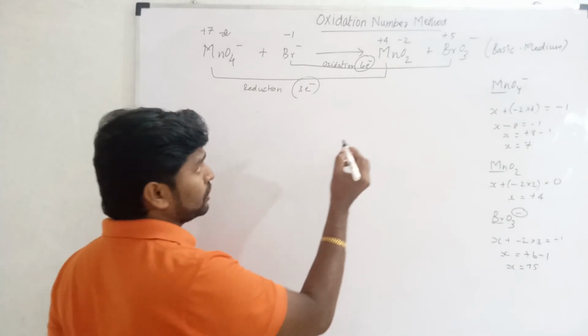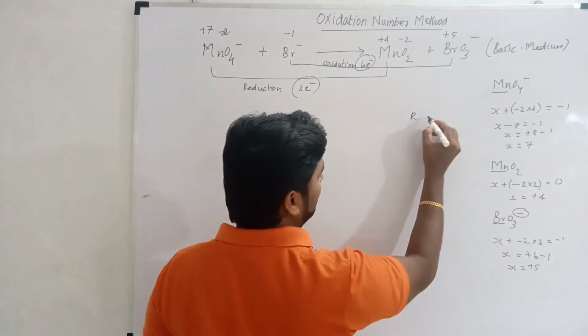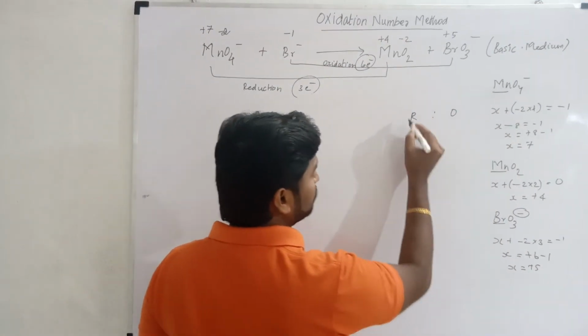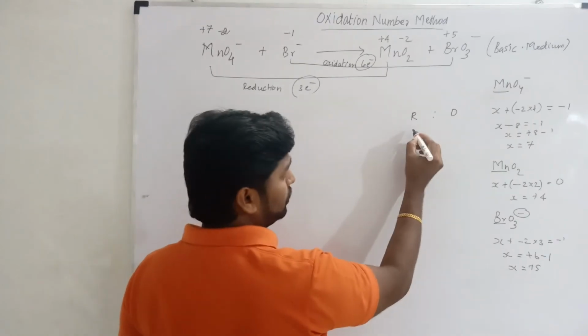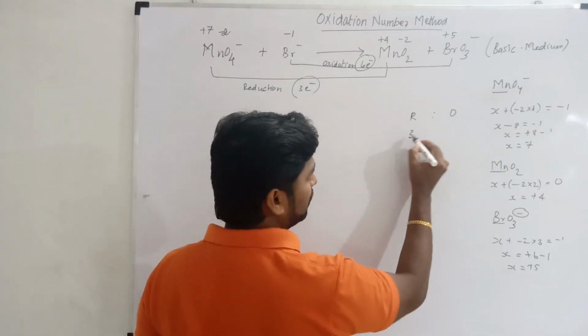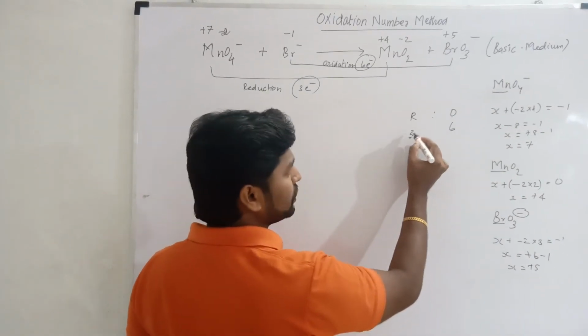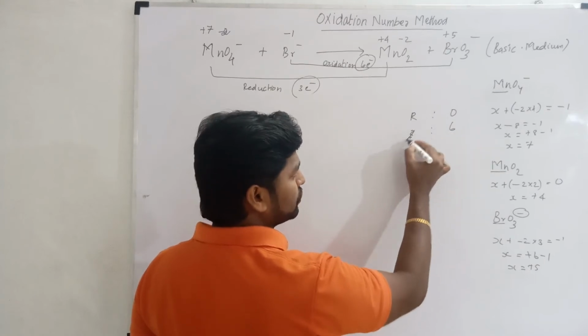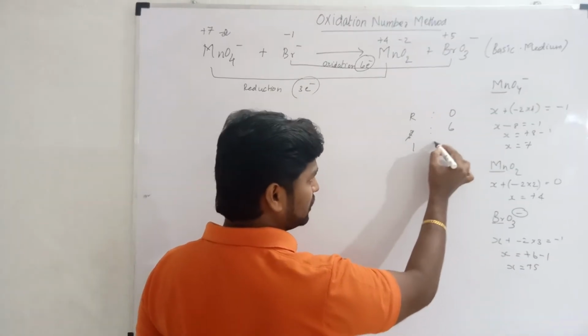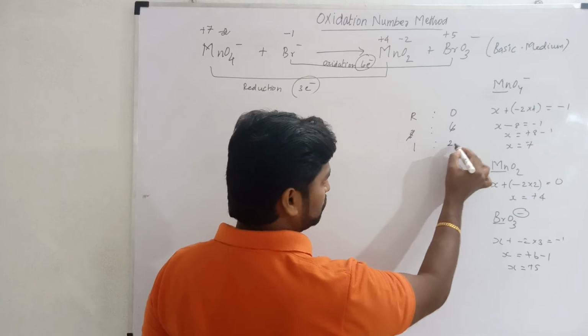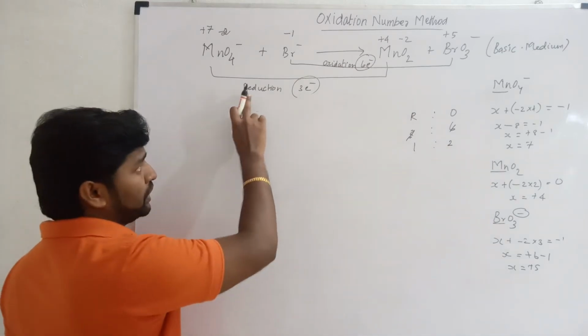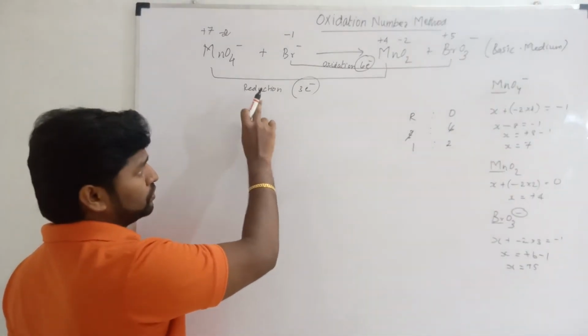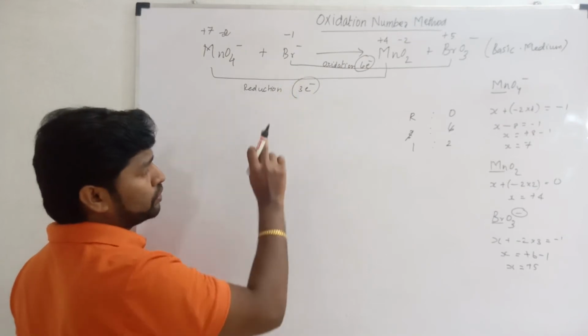So here is the ratio of the reduction and the oxidation. How many electrons reduced? 3. And the oxidation? 6. The ratio is 3:6. If you cancel out, 1:2. So if 1 electron is reduced, how many electrons are lost? 2.